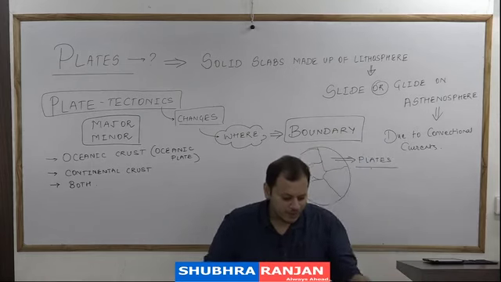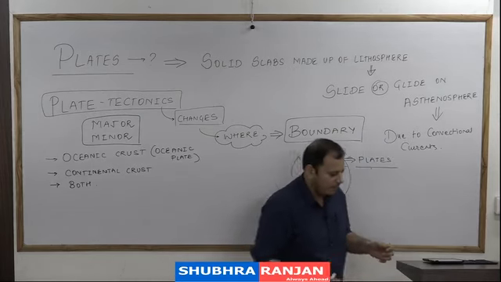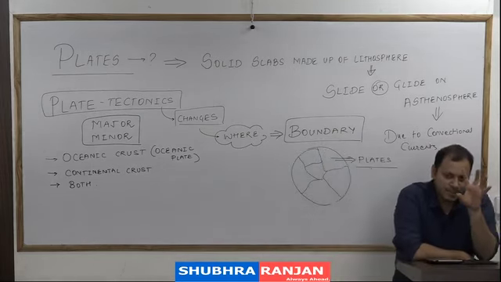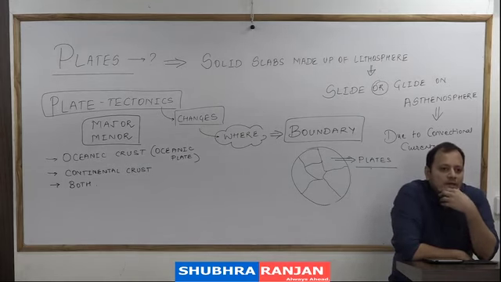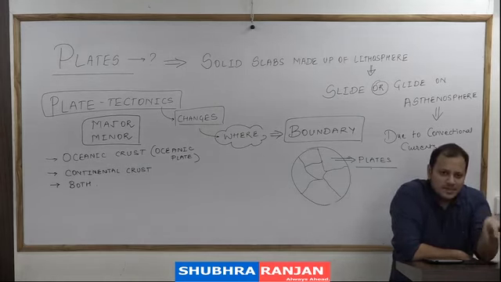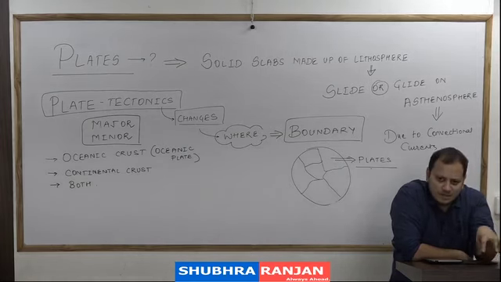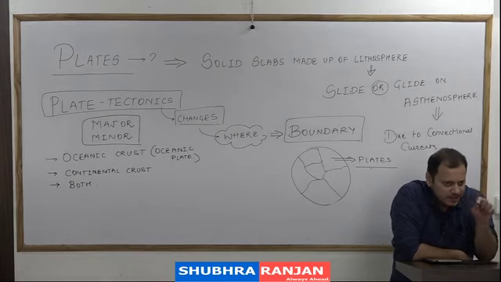So take down the major plates. Keep that map open. North American, is it totally or mixed? Just remember this much, it is a mixture of the Pacific oceanic plate and the continental plate. North American plate. Next, South American plate.